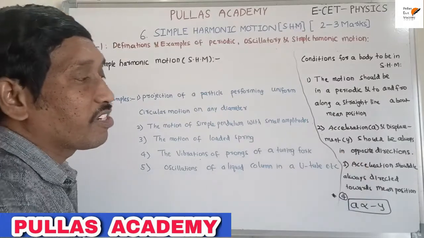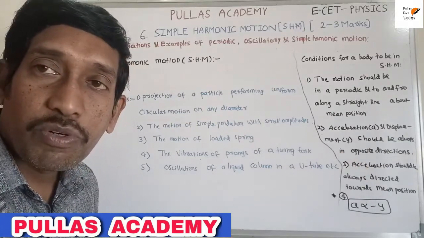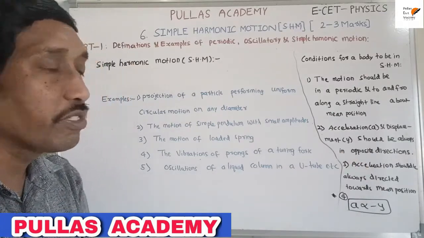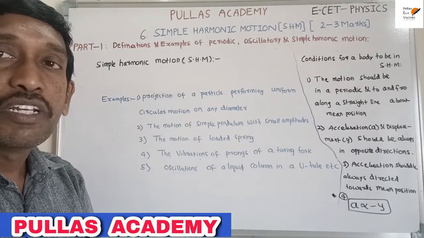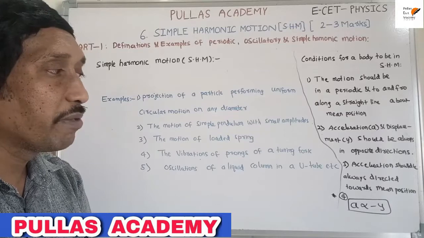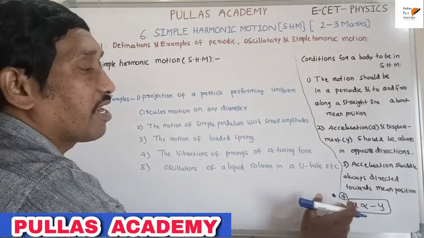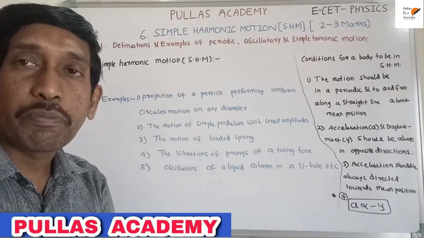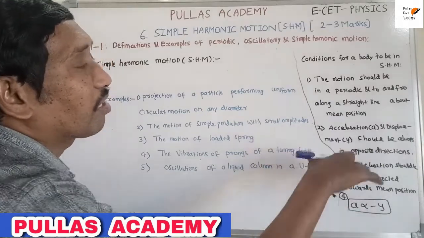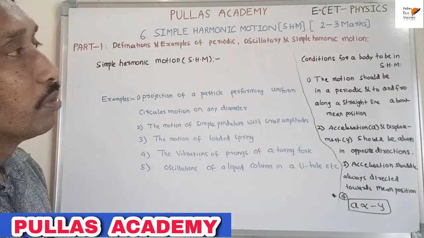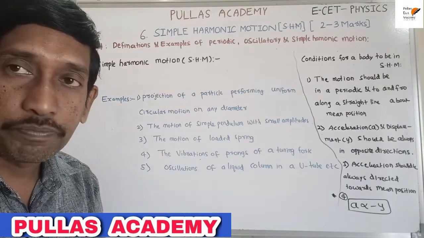Next, acceleration should always be directed towards the mean position, at any instant of position of a body in S.H.M. Next, acceleration is always directly proportional to the displacement, opposite in direction. So these are the conditions to be in S.H.M.